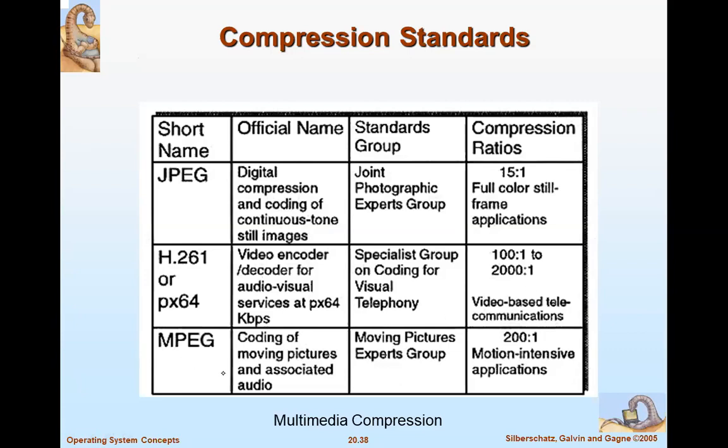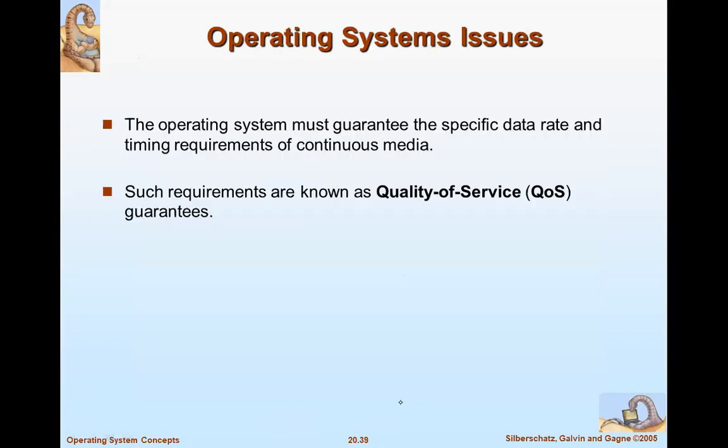The third one is MPEG, coding of moving pictures and associated audio, which was developed by the Moving Picture Experts Group, and it also reduced the size of a file 200 times.